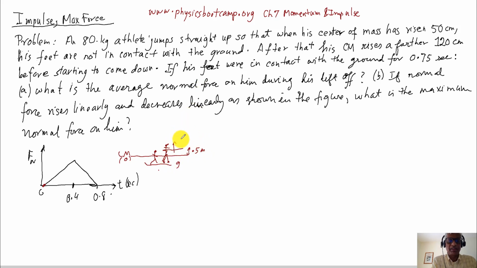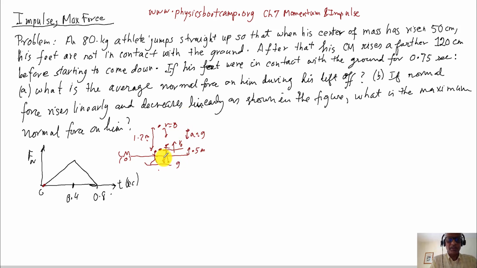At this point he has some velocity v0, and after that the acceleration is g. Let's say the center of mass, let's call it a dot here, goes up to here, which is 1.2 meters. At that point v must be 0, because at that point he starts to return.